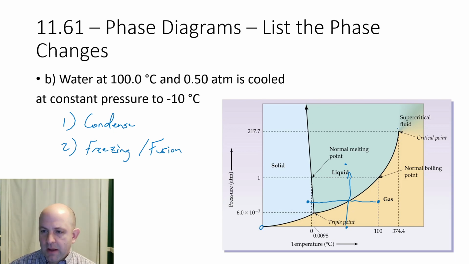All right. Remember, if you go above the critical point, then you just have supercritical fluid. As long as both temperature and pressure are above those numbers, then it's supercritical. And the triple point is when all three phases are present. They're in equilibrium. It's a really weird thing, but it happens.